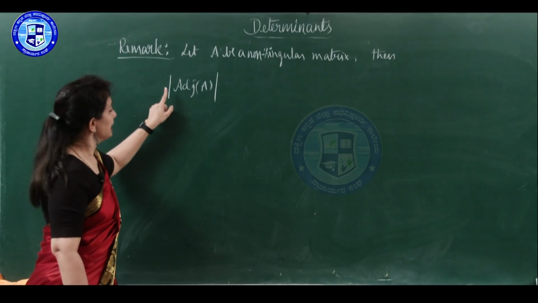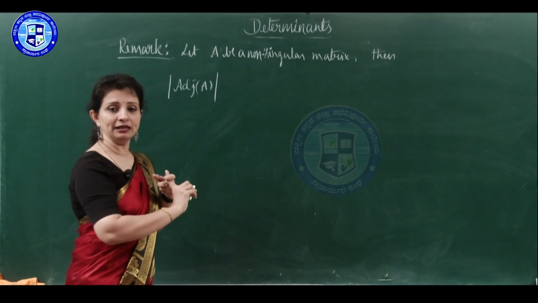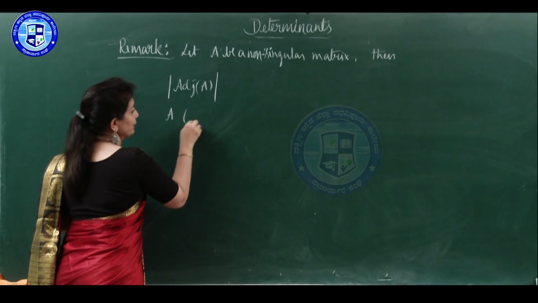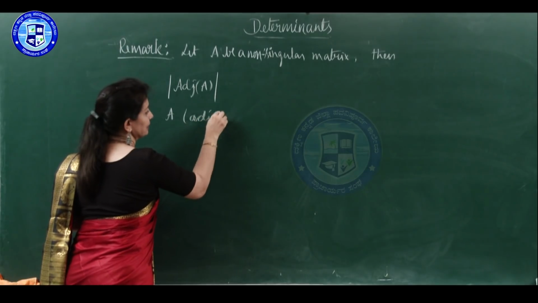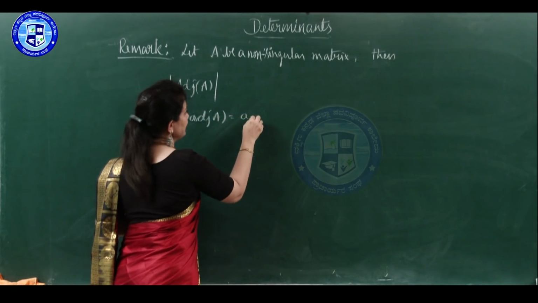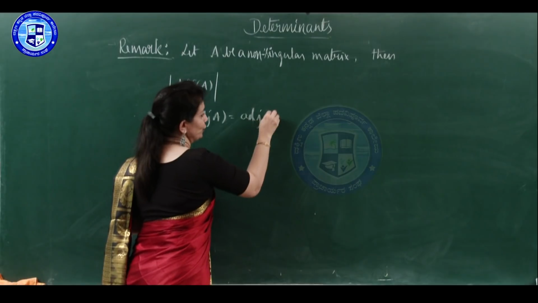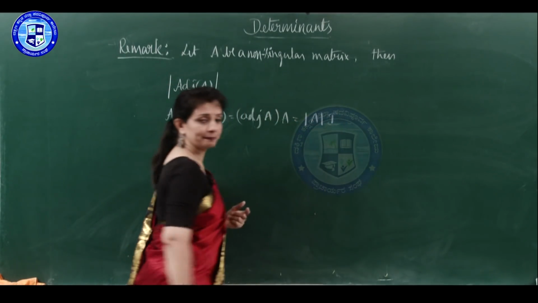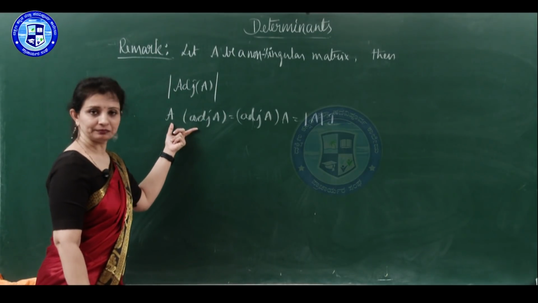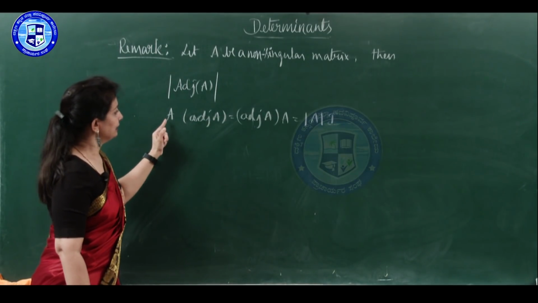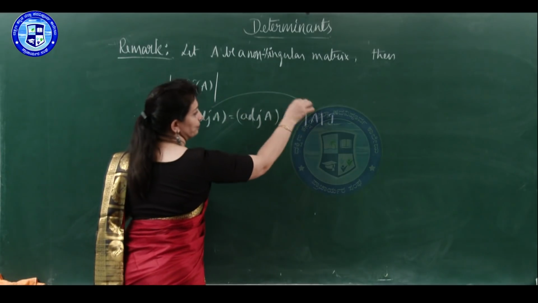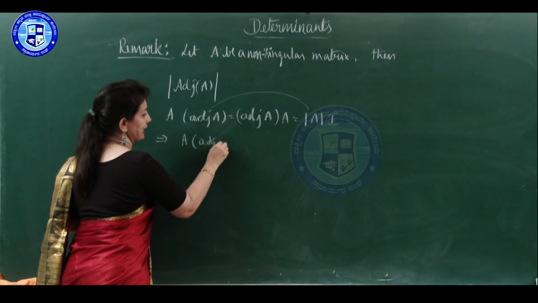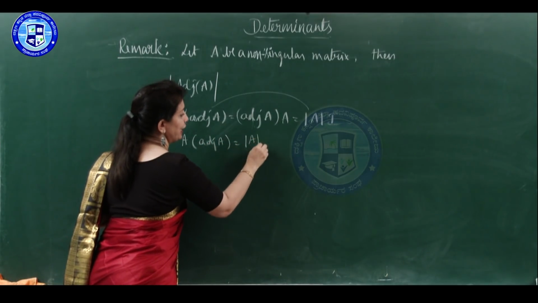Look at this. We have learned the formula in the first theorem, which states that A into adjoint A is equal to adjoint A into A is equal to determinant A into I. This is the first theorem. Now, here we consider only one of these.